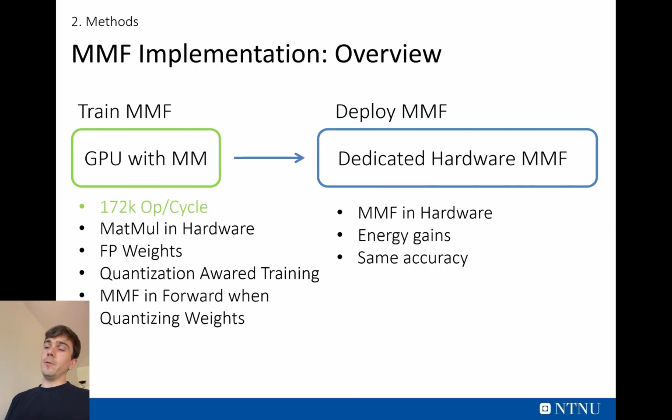an overview is that, okay, this is a little confusing because in reality you are training a matmul-free model on the GPU, and the GPU itself in the hardware is using matrix multiplication. So in reality you are training a matmul-free model, but when you are doing the forward pass in the GPU, it is not really matmul-free at the hardware level, you know.